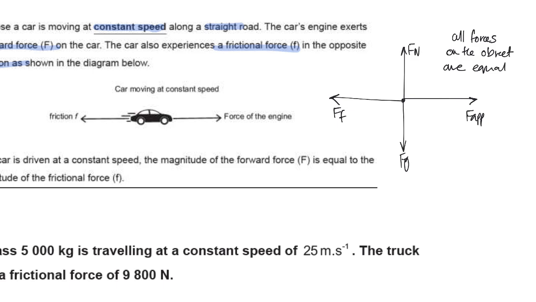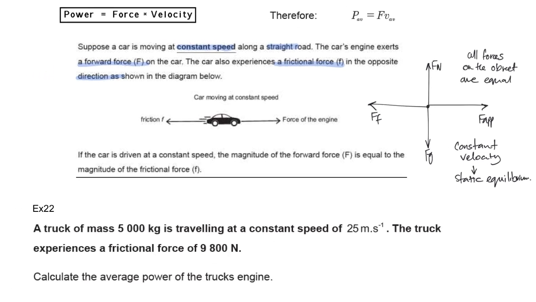So essentially, if I have a constant velocity, then I have a situation where my object is in static equilibrium. Notice that if the car is driven at a constant speed, the magnitude of the forward force is equal to the magnitude of the frictional force.